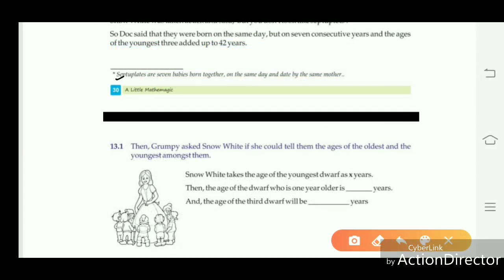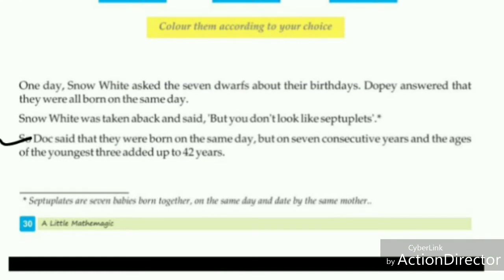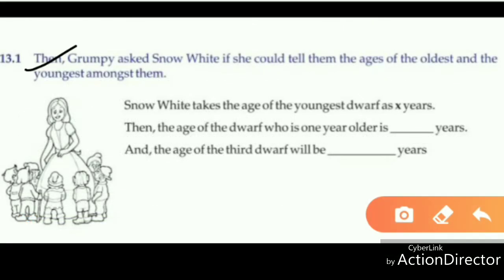Septuplets are 7 babies born together on the same day and date by the same mother. So Doc said that they were born on the same day but in 7 consecutive years, and the ages of the youngest 3 added up to 42 years. Then Grumpy asked Snow White if she could tell them the ages of the oldest and the youngest amongst them.